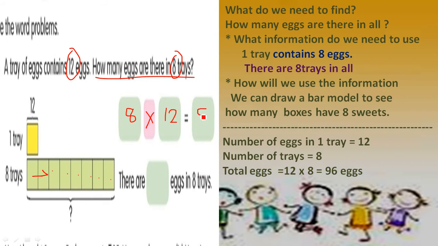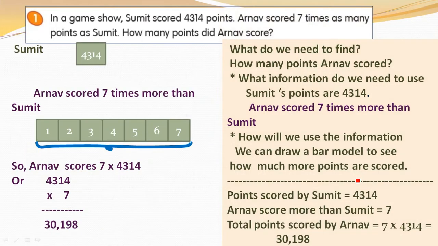Now we know 8 twelves are 96. So there are 96 eggs in 8 trays. We can write statements in this manner: number of eggs in one tray 12, number of trays 8, total eggs 12 multiplied by 8 is equal to 96 eggs. So this is how we solve word problems.